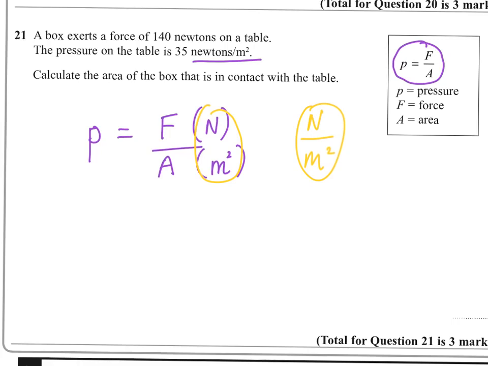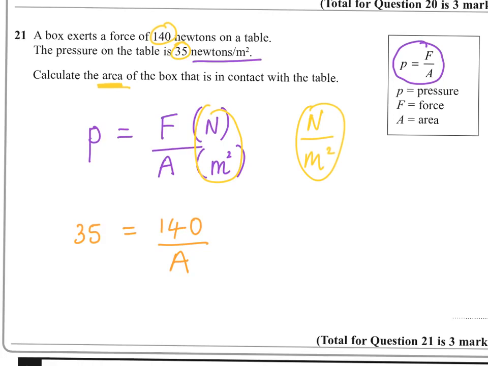So all you have to do is calculate the area, and it gives you these two parts. So we know that P is the pressure, which is 35. We know the force is 140, and we wish to work out the area.